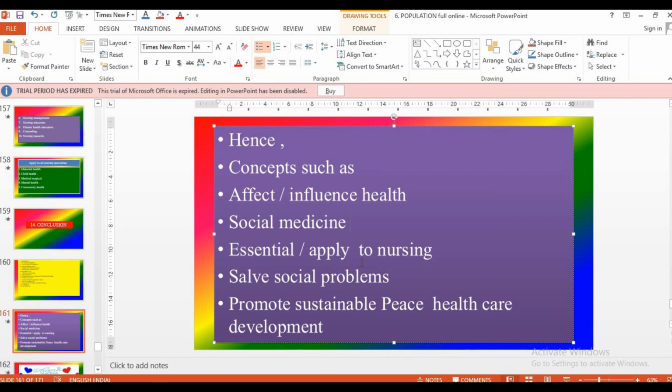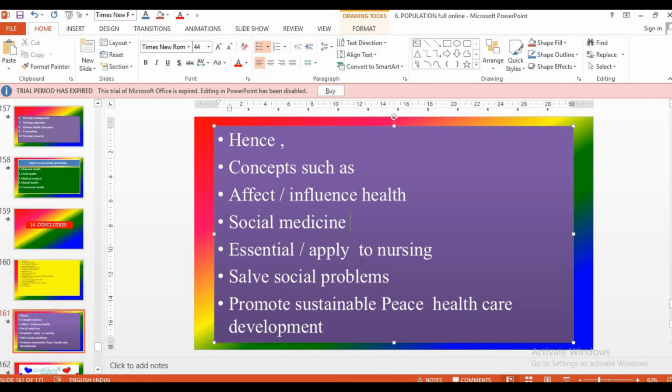Then solve social problems. So all this knowledge is used to solve poverty, unemployment, literacy. According to population only, formulate the programs to solve health-allied issues, mainly poverty, mainly diseases, which are caused by other social issues.